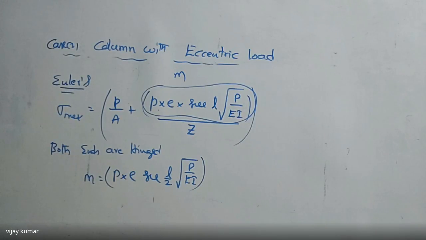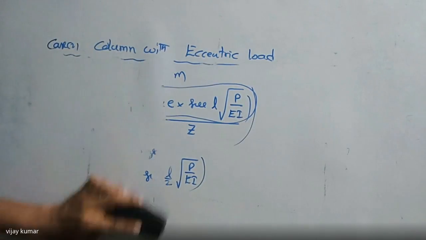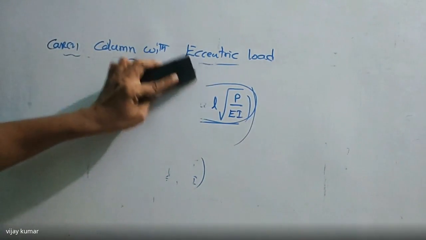So here I am writing according to Perry's formula. This is the secant formula, and a simple modification of the secant formula is nothing but Perry's formula.